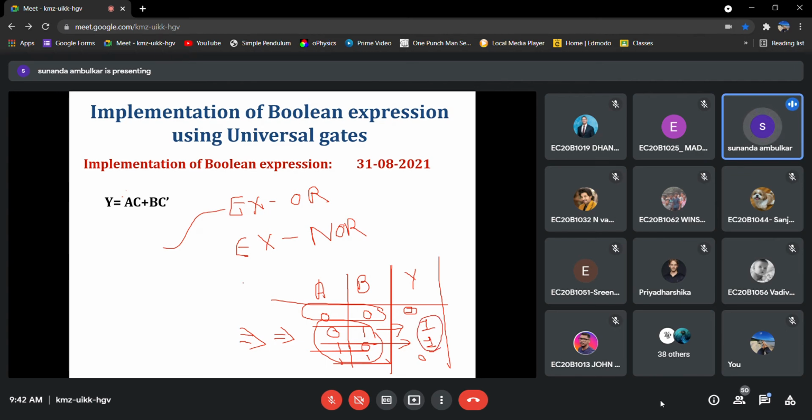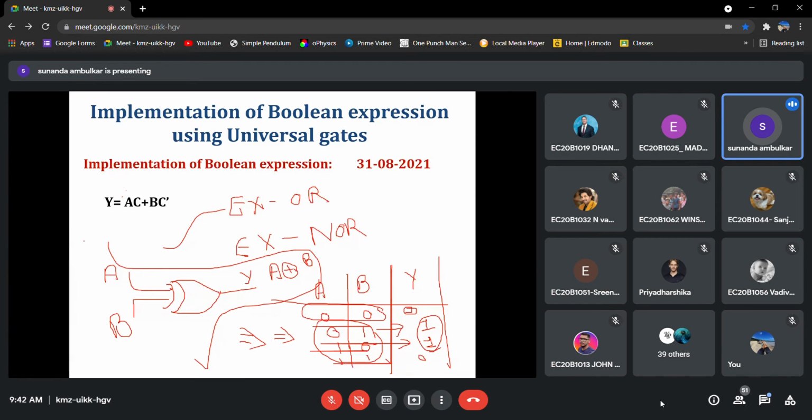So this is the exclusive OR. The symbol is like this. Suppose this is A and this is B, so this will be the XOR symbol, and this is also indicated by this. So this is the exclusive OR symbol.